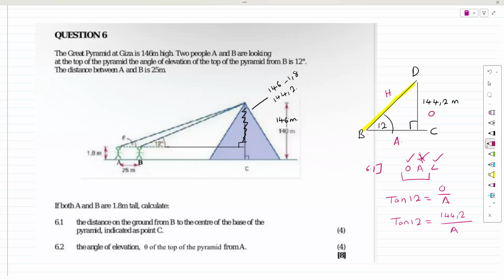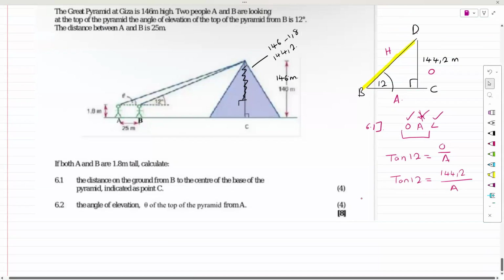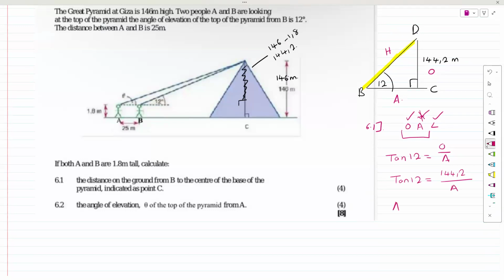Please double check all answers. It's very easy for all of us to make mistakes, especially when the questions aren't as simple as what you've been doing before. It is the same thing, but the diagrams can be confusing. So the adjacent equals 144.2 divided by tan of 12, and it should be quite simple to deal with.